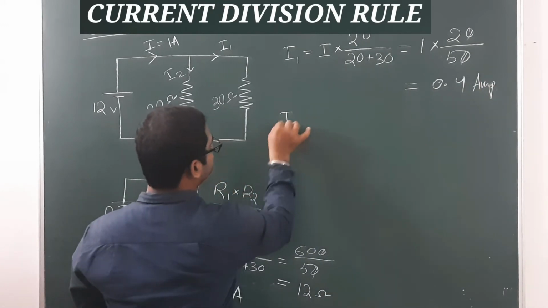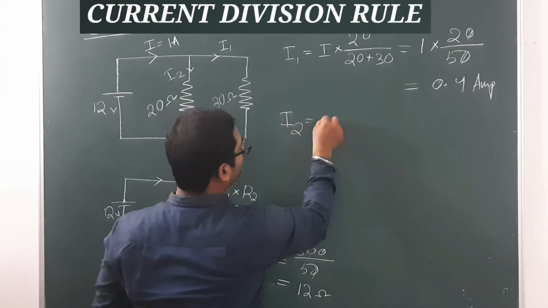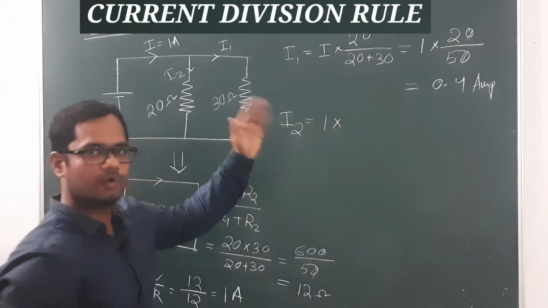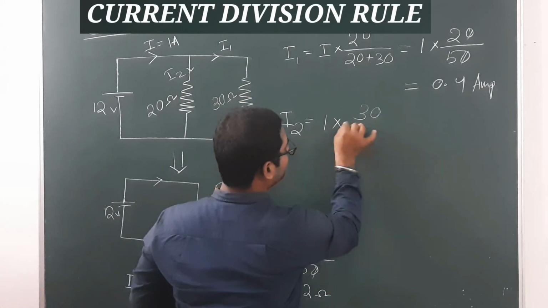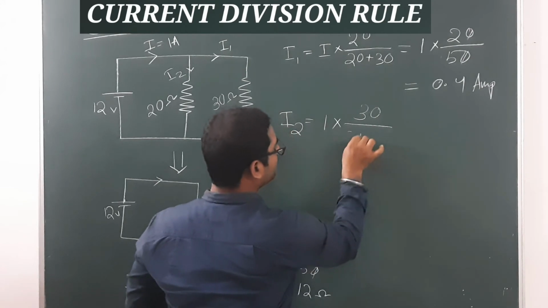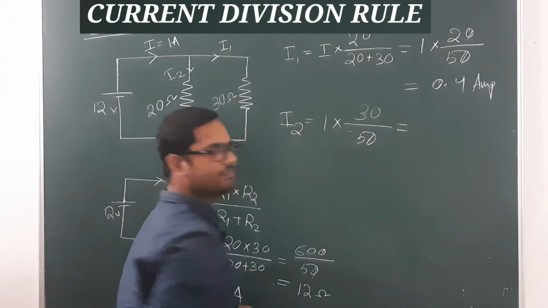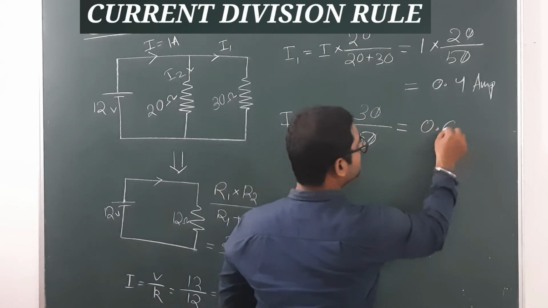For I2, similarly, the source current 1 ampere into the opposite resistance 30 divided by 20 plus 30, which is 50. After solving, it is 0.6 ampere.